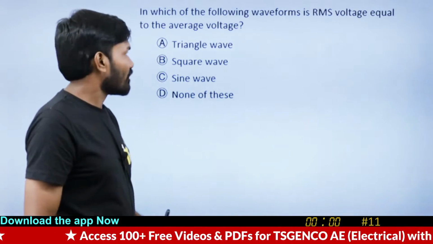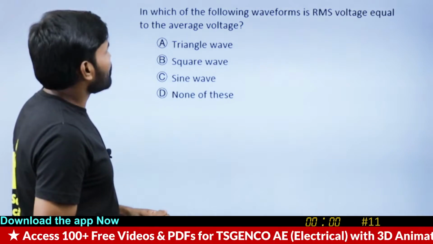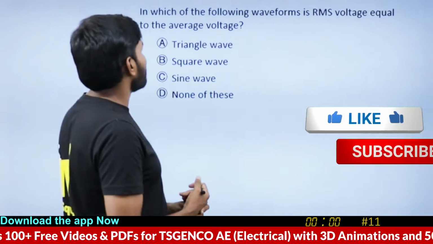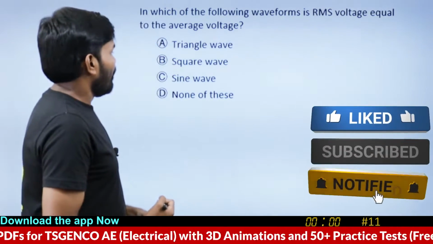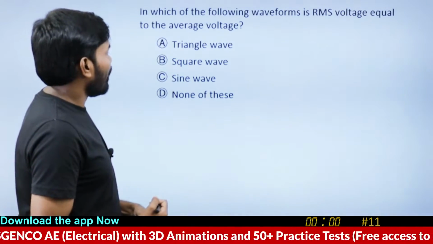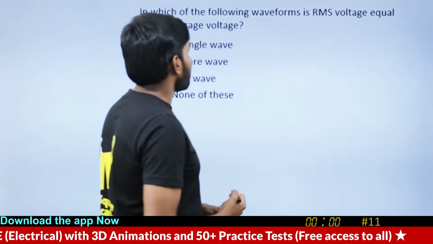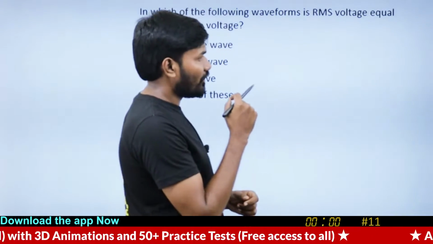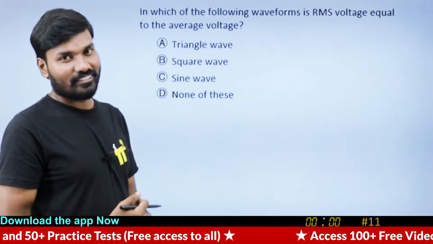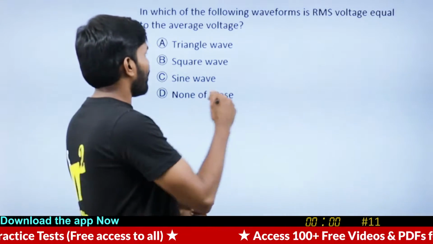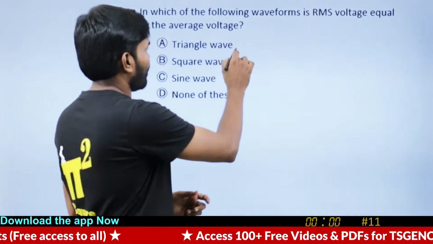That's good. Let's see. In which of the following waveforms RMS value is equal to average value? Average value, RMS value equals. Here this is an ambiguous question, to be more precise. For a triangle, definitely that's not the case.